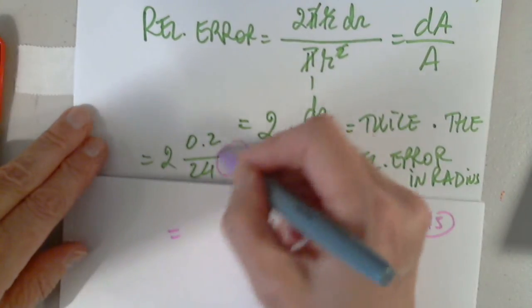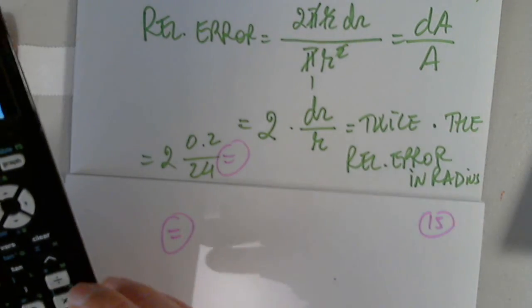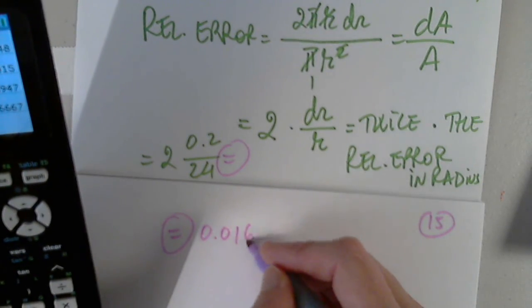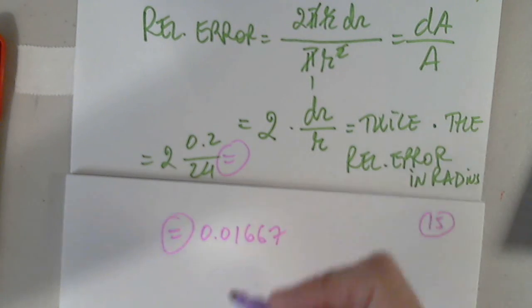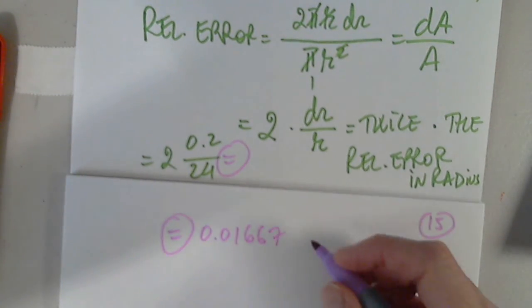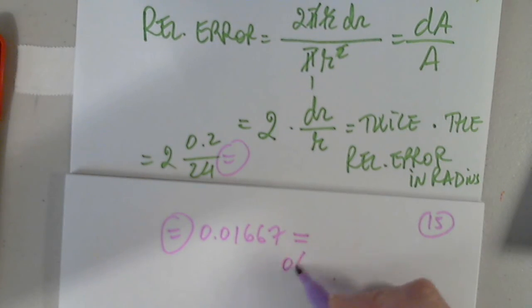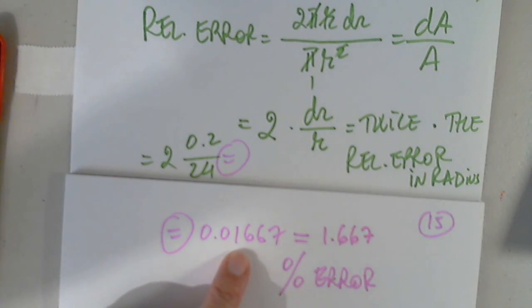So, 0.4 divided by 24, I got 0.01667. Or you can write it with the bar on top, the same thing. So no measurement unit. And now they're also asking us to write the percent error. This is 1.667%. And that was part B.